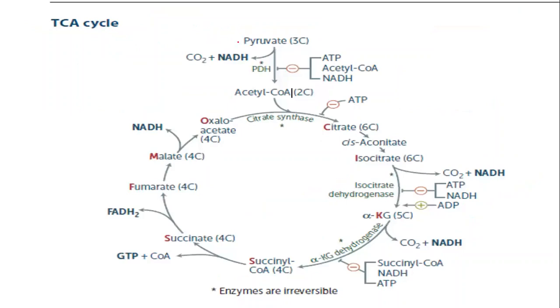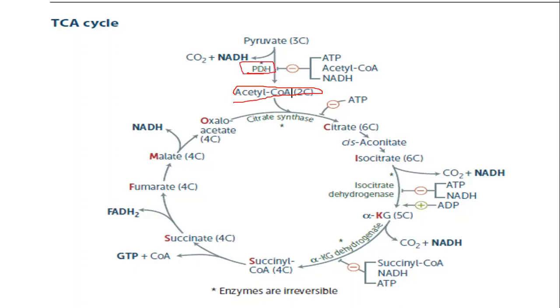So you can see that the TCA cycle or Krebs cycle starts from here, acetyl-CoA. Pyruvate is basically the end product of glycolysis, and this pyruvate is converted into acetyl-CoA by the action of pyruvate dehydrogenase.